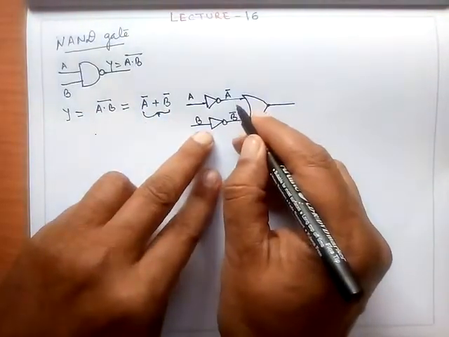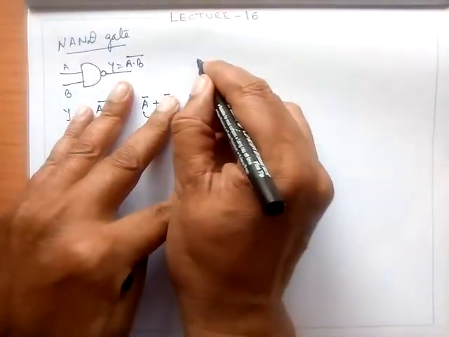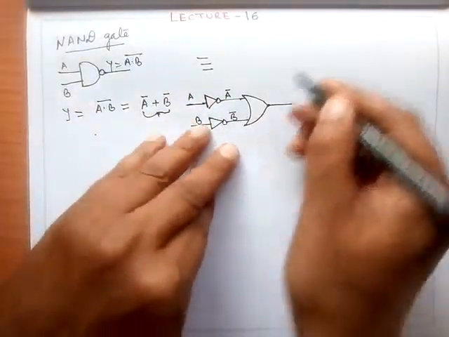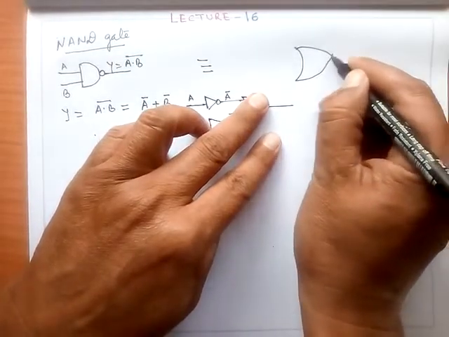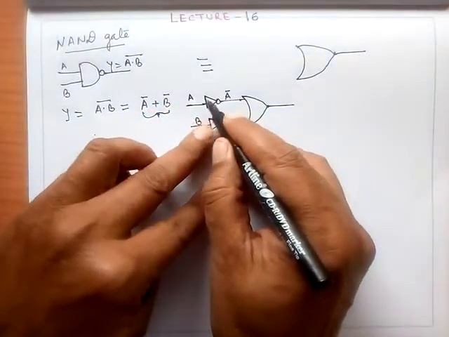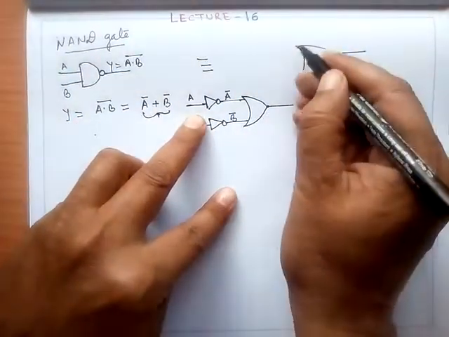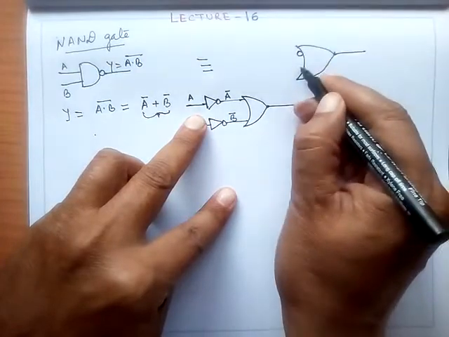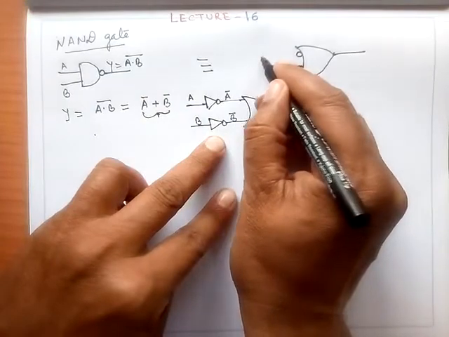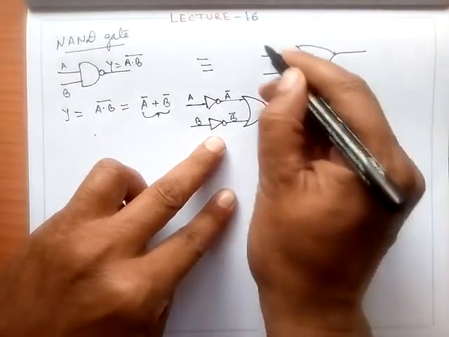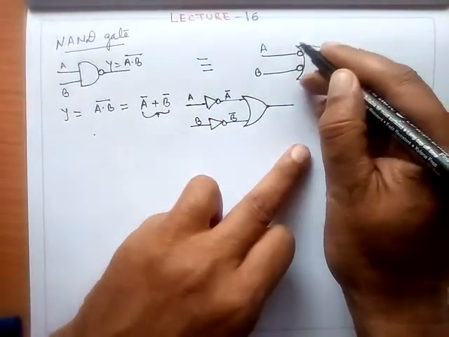Now in spite of showing complete NOT gates, I'll simply represent this. I can say that this figure is equivalent to this OR gate, and in spite of showing the complete NOT gates, we simply show the bubble of these two NOT gates. And I say that this is A and this is B. So finally this is your NAND gate.